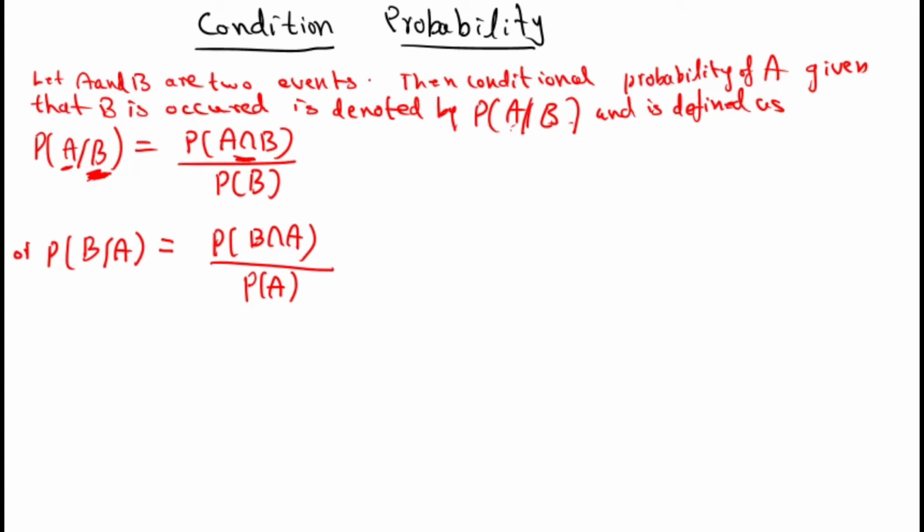So probability of B by A is equal to probability of A intersection B divided by probability of A. Here in the denominator A is there, right? So here also you need to write A.